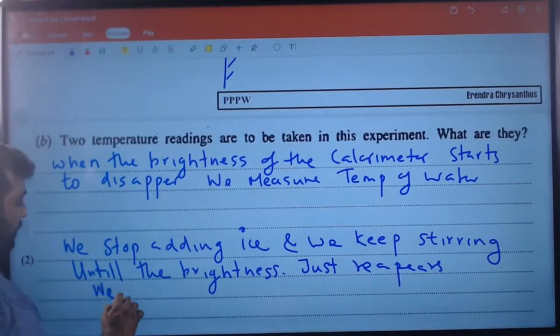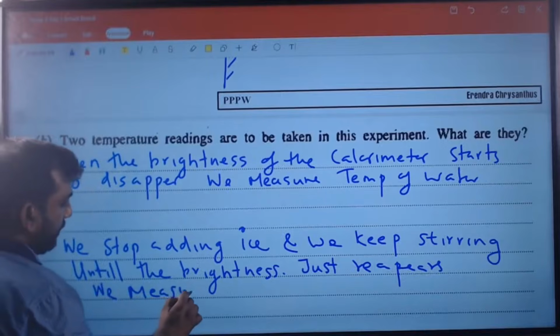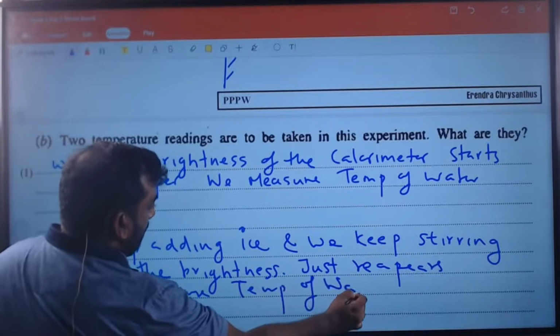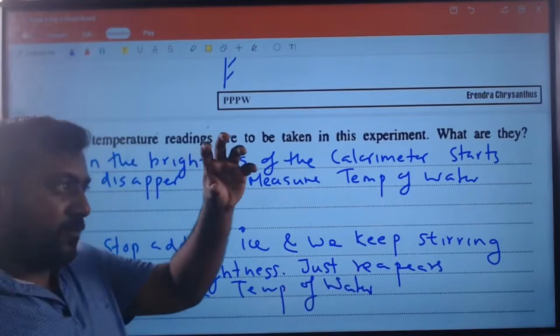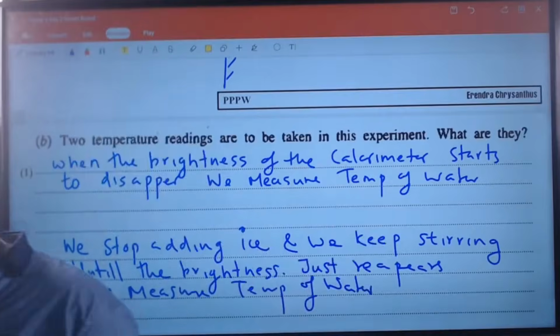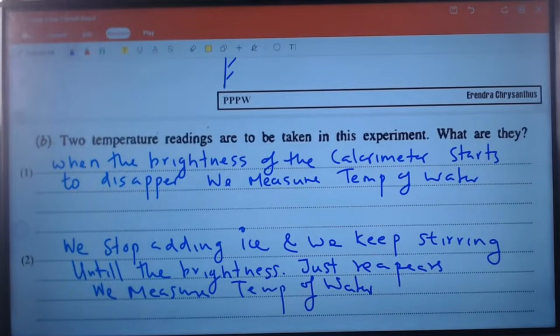We measure the temperature of water. So the readings are when the brightness first disappears and when the brightness first reappears.